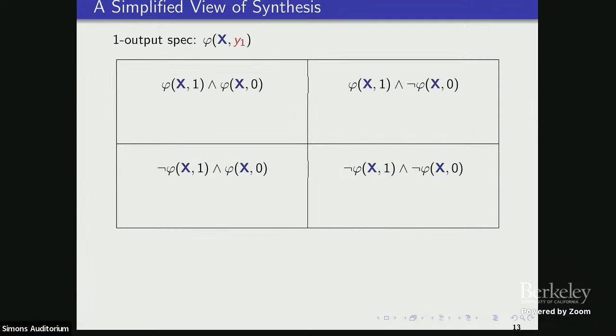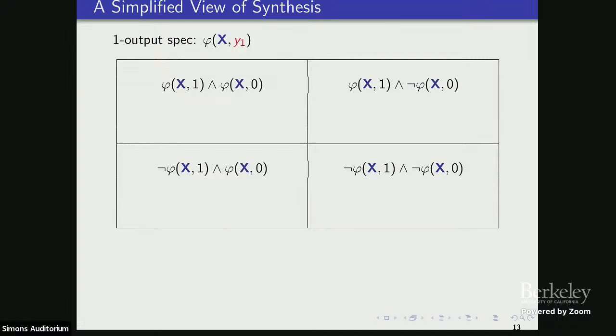So to begin with, I'll present a very simplified view of synthesis, and I guess this will drive what the properties are that we need in the form that we want to use for synthesis. So suppose I had a one output specification, with just one output and some bunch of inputs.